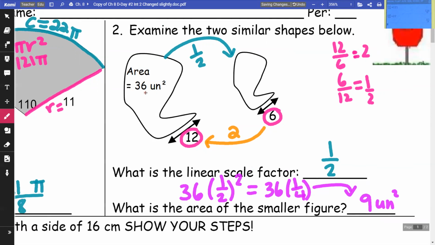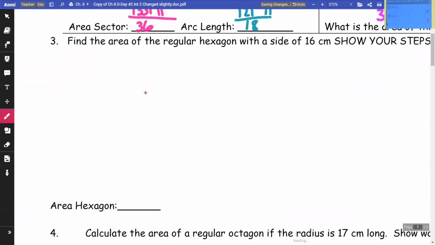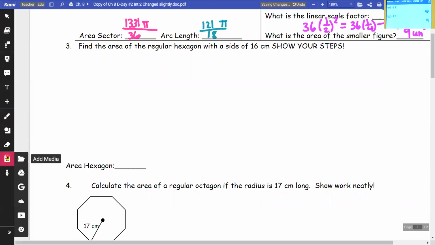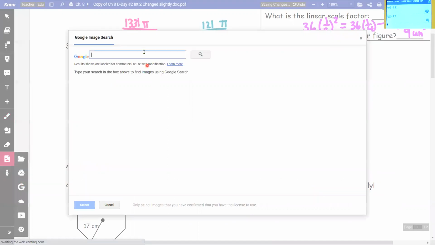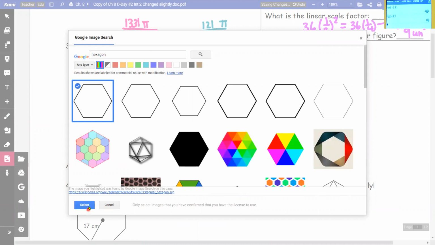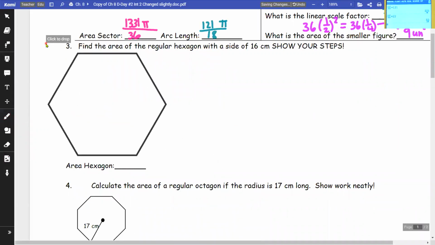On number 3, we want to find the area of a hexagon. So I'm just going to grab a hexagon here, and take one of these and add it here.